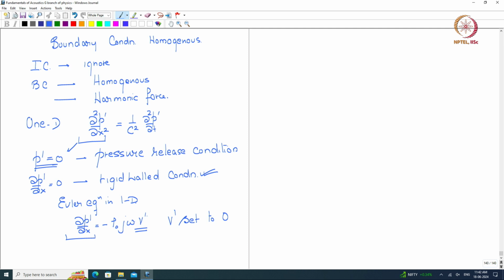Now another boundary condition, which is called the Robin boundary condition, is given by ∂p'/∂n + αp' = 0.